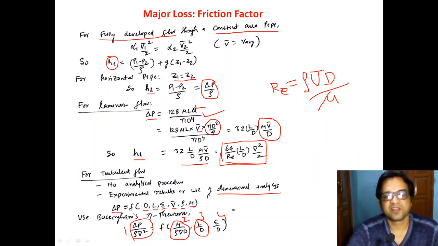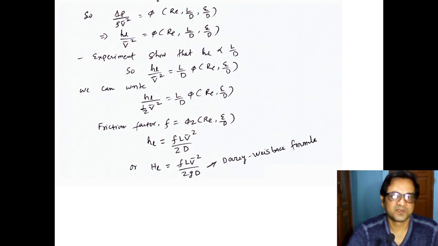So del P by rho V square is a function of mu by rho Vd, L by D and epsilon by D. So del P by rho V square is a function of Reynolds number, L by D and epsilon by D. We already know del P by rho V square can be expressed in terms of HL by V square, which is a function of Reynolds number, L by D ratio and epsilon by D ratio.